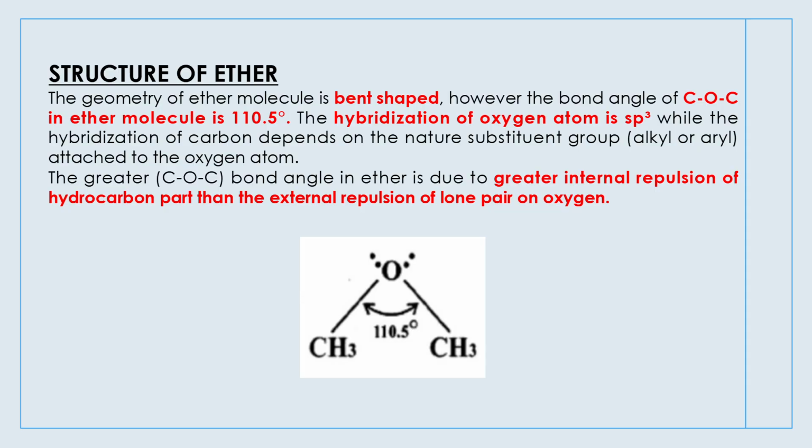Oxygen has two lone pairs of electrons. Therefore, due to the greater internal repulsion of the hydrocarbon part and the external repulsion of the two lone pairs of oxygen, the bond angle becomes 110.5 degrees. This leads to the bent shaped geometry. The hybridization here is sp3.